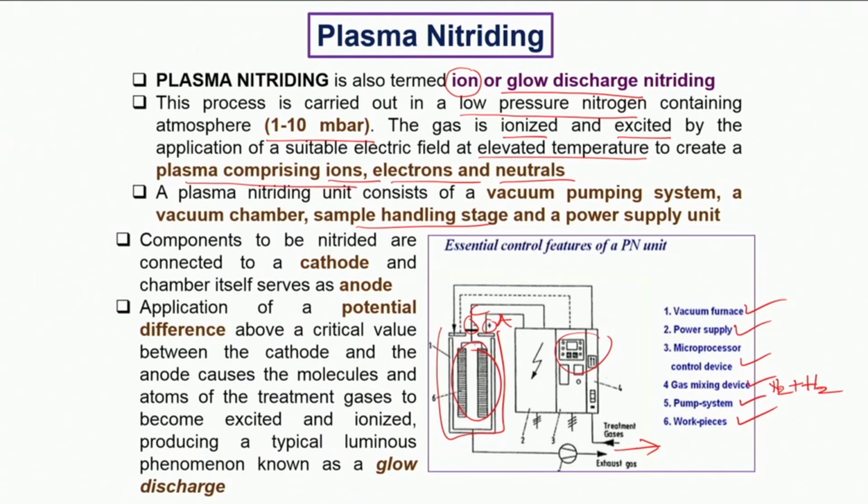The cathode, of course, is connected to the workpieces. A definite potential difference is required to create the plasma, and the gases get excited and ionized, and in the process we get a luminous discharge which is also called the glow discharge.